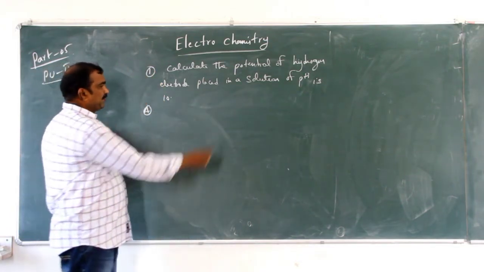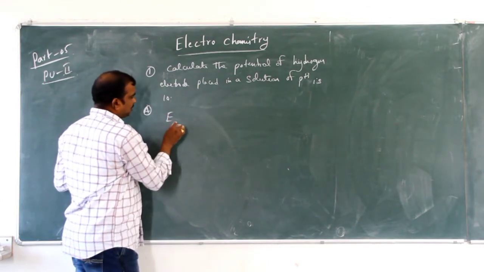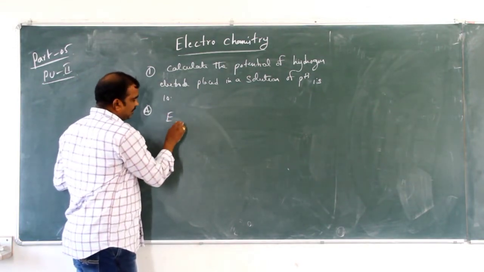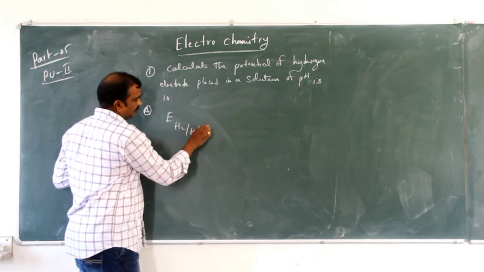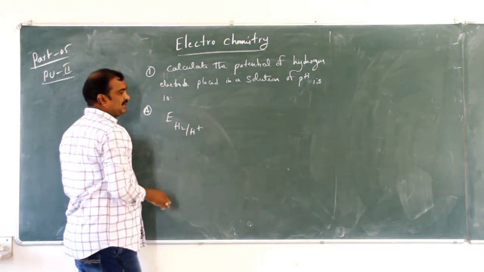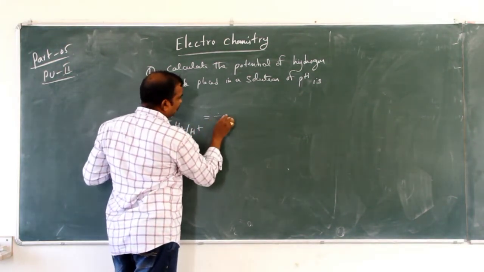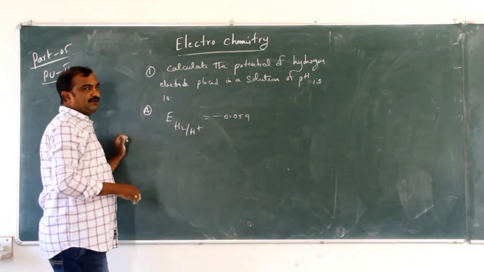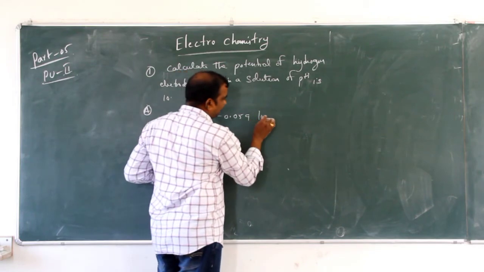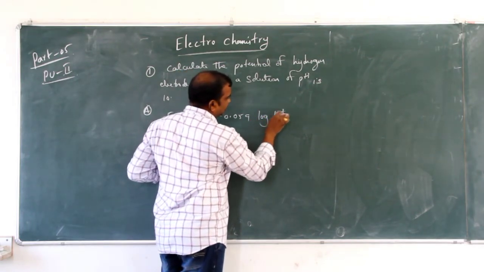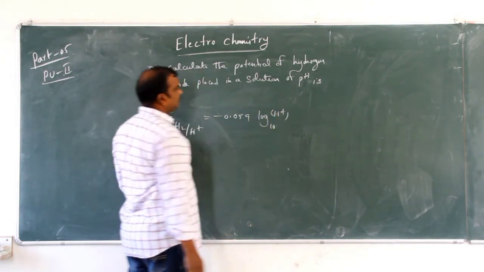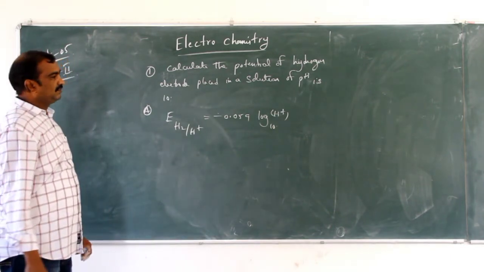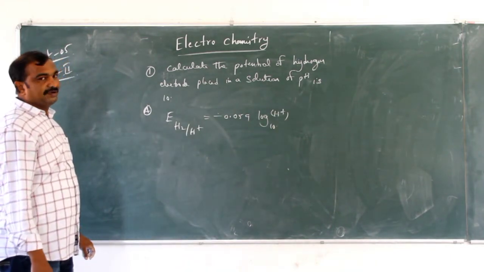We know the formula for the potential of hydrogen electrode, E of H2 by H plus, from the last equation we wrote: E of H2 by H plus is equal to minus 0.059 log of H plus concentration, base 10.